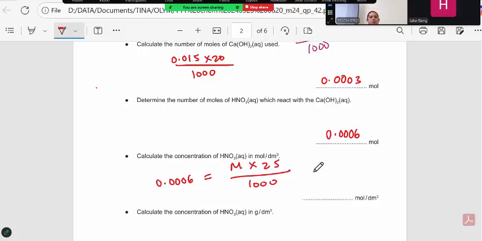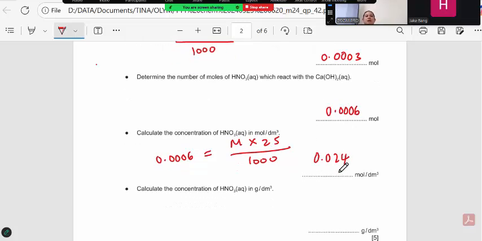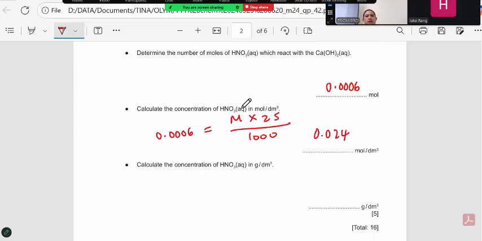So M equals 0.024 mole per decimeter cube. Did you all get it correct? Now I've talked to you about this before already.